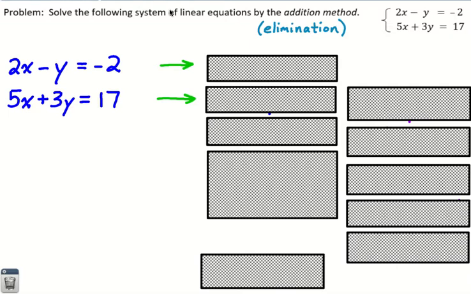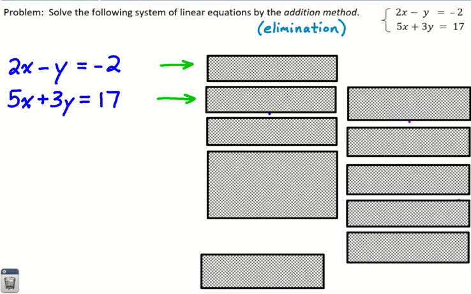So if you remember how to solve a system like this by the elimination method or the addition method, then perhaps you want to pause the video and try that right now. But so here we go.